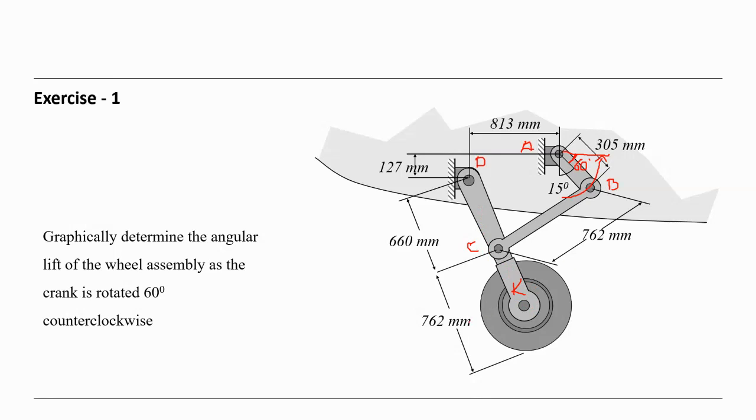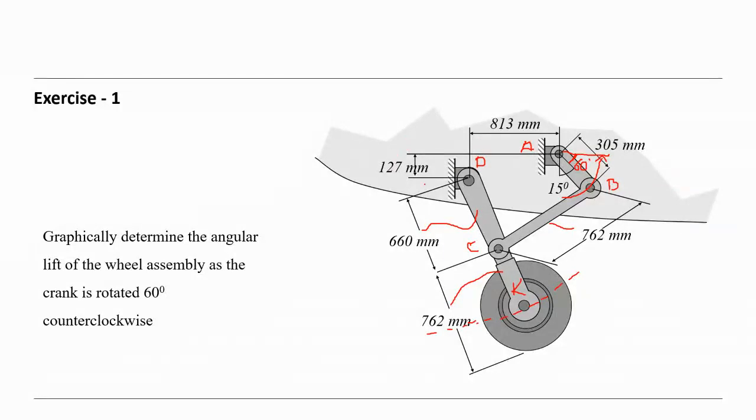So it also undergoes a circular motion like this, a circular motion with the radius of DK. So we know all the distances here. We know the length of this member, this, let's say, is the crank, and we know also the length of this member and the length of this member here. So we all know that.